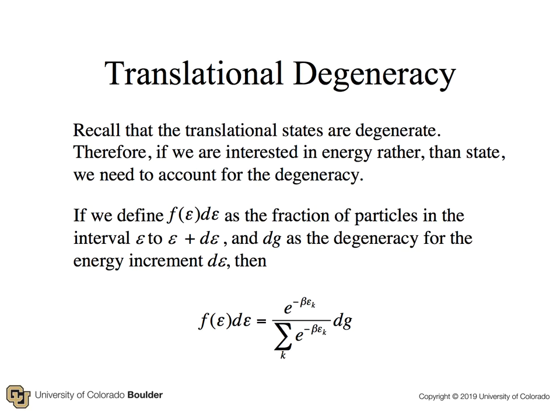F of epsilon, which is energy, is a distribution function for the energy, and that can be written using the Boltzmann ratios, e to the minus beta epsilon k over the sum of e to the minus beta epsilon k, the sum over all quantum indices, times dg.